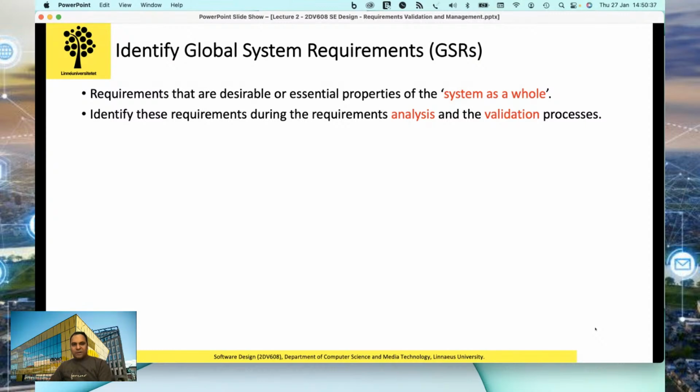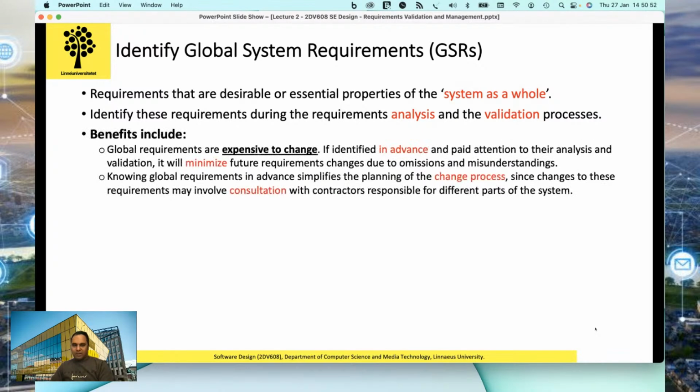We should also identify global system requirements, and identifying them as early as possible is good for your system, because if you miss any of the global requirements at a later stage, or fail to find certain global system requirements, they will be super expensive to re-implement, or super expensive to change in your system.